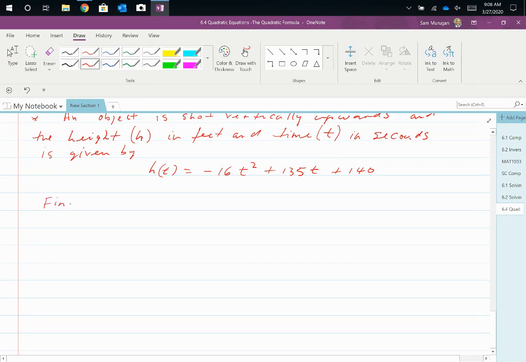Find the times when the object is 173 feet above the ground.